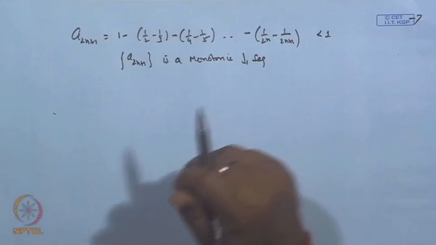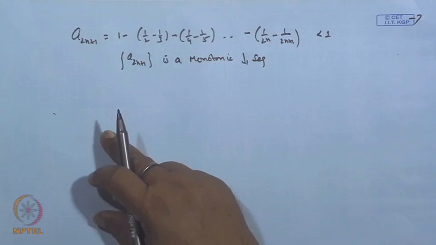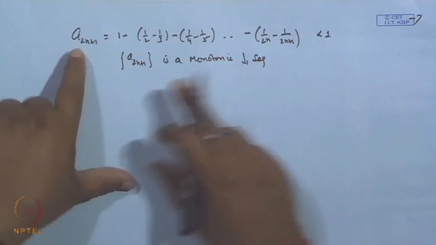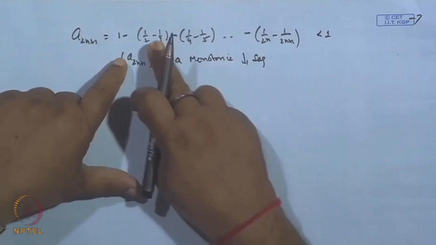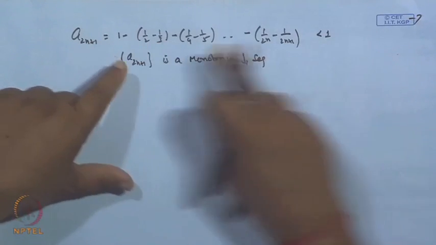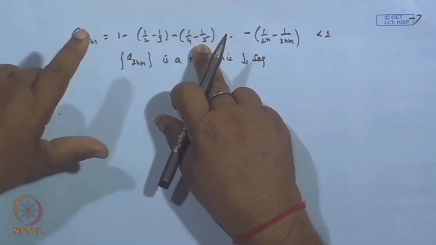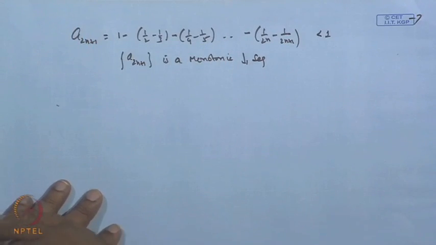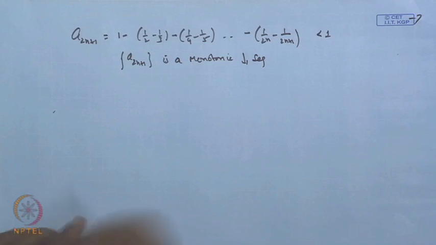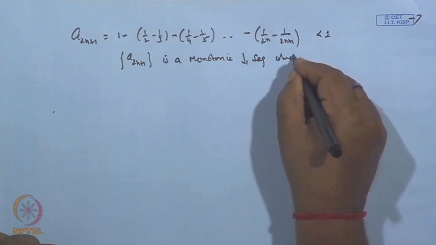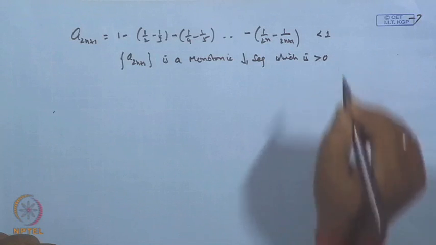And then what about this? Each term is positive, because these are all terms which are less than 1, and this is a positive quantity which you are subtracting, is it not? So, why is it positive? It is a monotonic decreasing sequence which is greater than 0. Why?